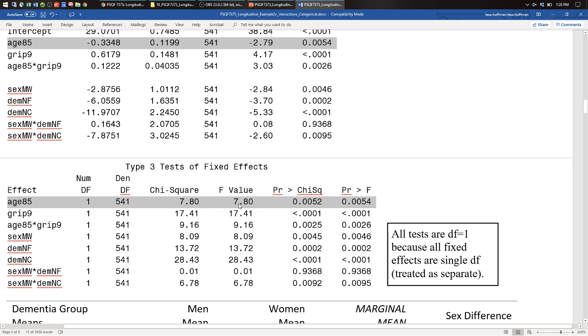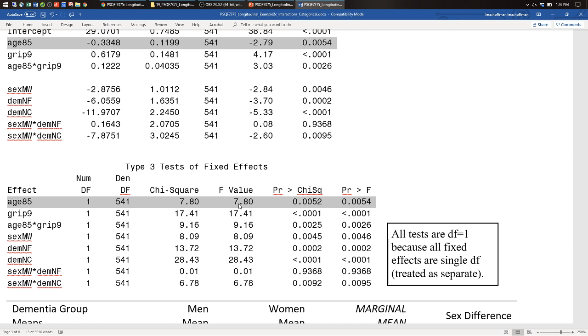F times numerator degrees of freedom is chi-squared. So I asked it to print both to make that point. What's the difference between these 2 tables? Some of the p-values are slightly off.